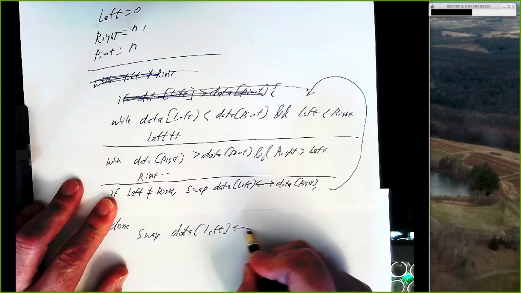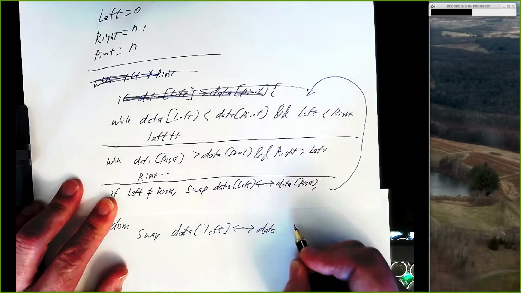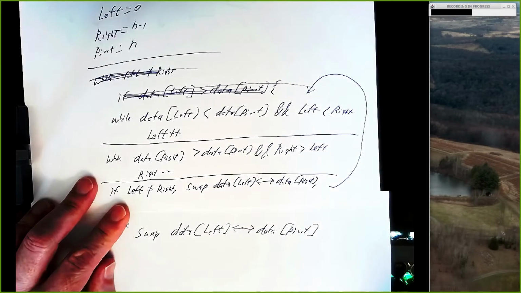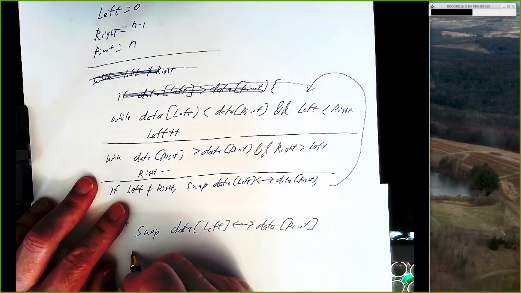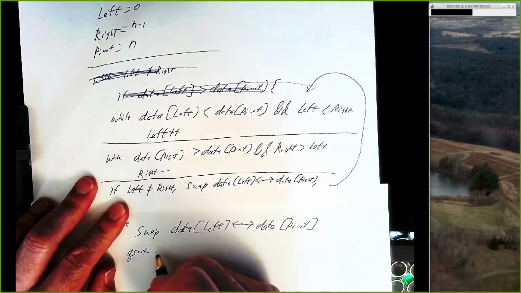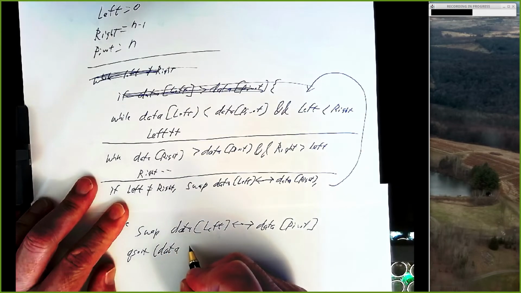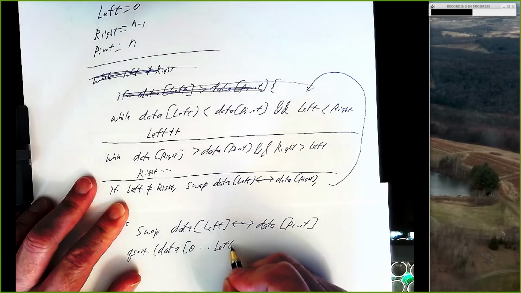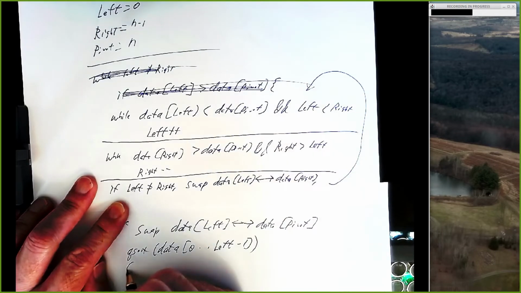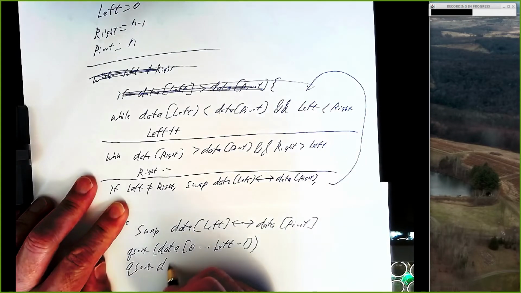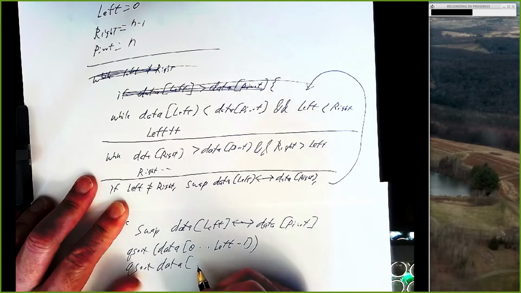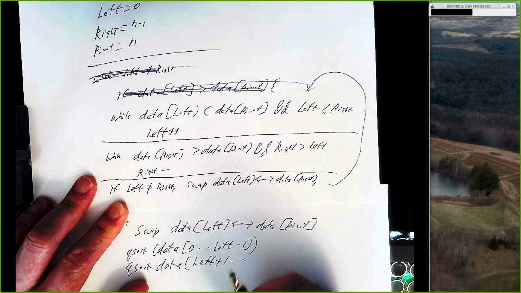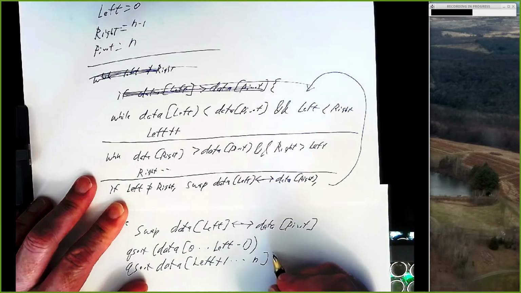Swap data left with data pivot, and then qsort data 0 through left minus 1, and then quicksort data left plus 1 up through whatever the last element is, n.